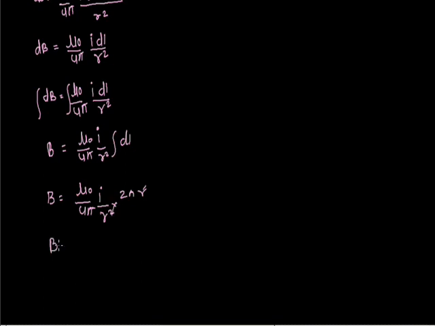So B is mu naught upon 4 pi, I, 2 pi upon r. Cancel out pi with pi. Mu naught I upon 2r.